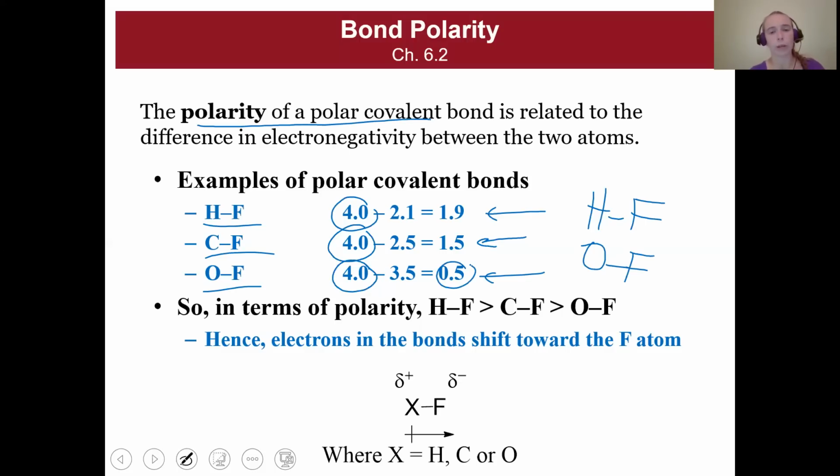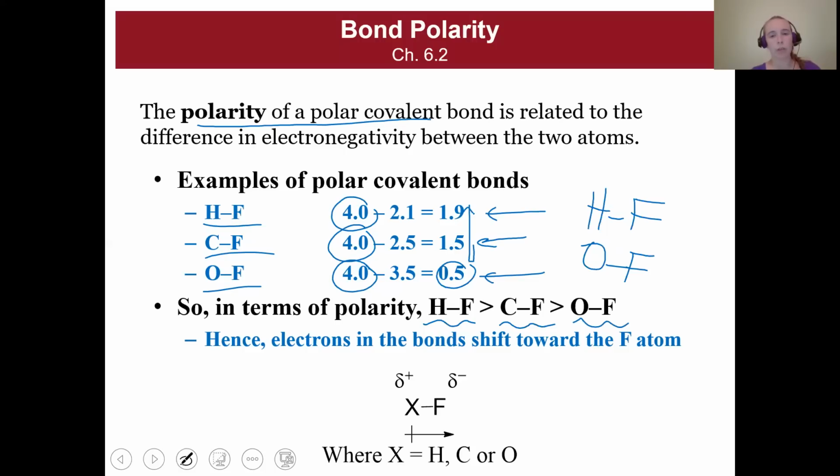In terms of polarity, HF is more polar than CF, which is more polar than the OF bond. So we're increasing in polarity from OF, CF to HF, as we increase the difference between the electronegativities.